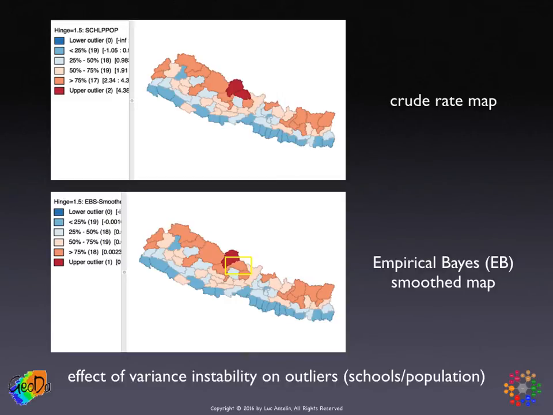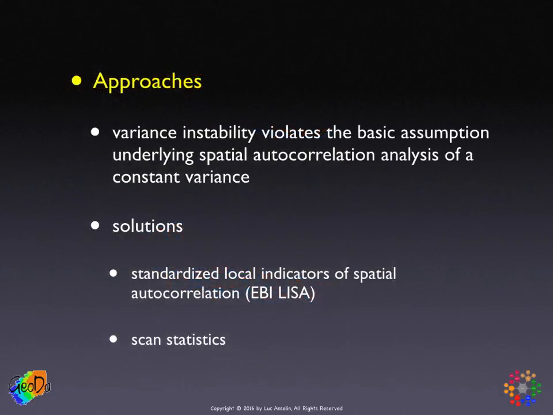In terms of spatial autocorrelation, the problem we have to deal with is this variance instability. As I mentioned, it violates a basic assumption underlying spatial autocorrelation measures, namely the stationarity assumption that the variance has to be constant throughout. With very different populations, in particular in small area analysis, this is likely to be violated.